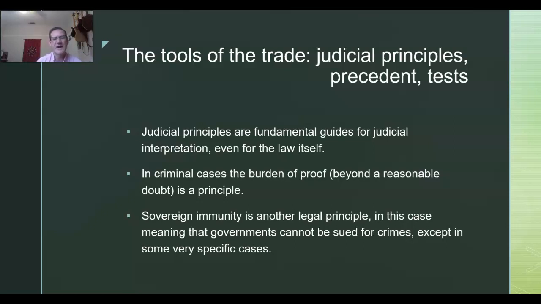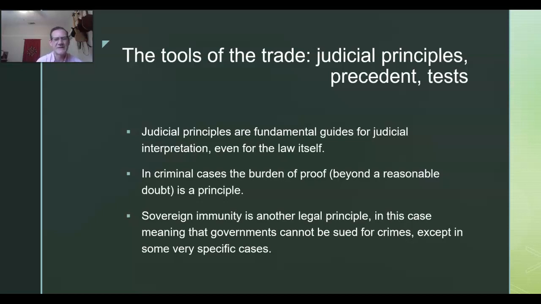So in criminal cases, for example, burden of proof beyond a reasonable doubt is a principle. It's a judicial principle. There are a lot of these, so we're not going to have a complete handle on all of them. I'm just trying to help you wrap your brain around a few key ones, and give you some interesting pieces to think about here.